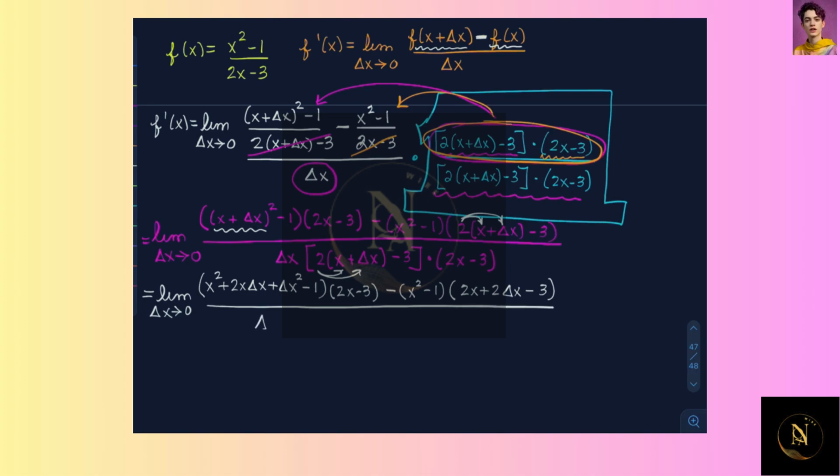And my denominator will have 3 factors: delta x, 2x plus 2 delta x minus 3, and 2x minus 3.